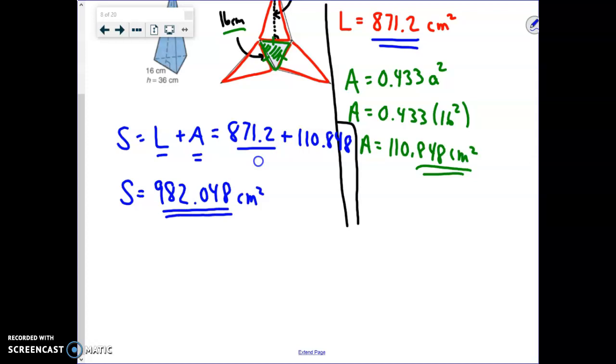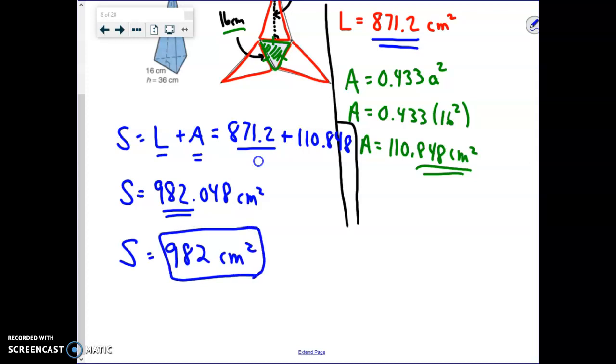Well, 3 significant digits would be the first 3, right here. So basically, the surface area is 982 square centimeters. That's the total surface area. All right? Okay, now on the next video, we're going to find the volume.